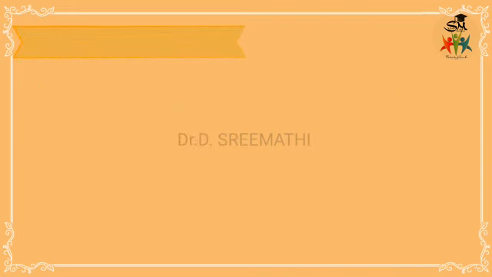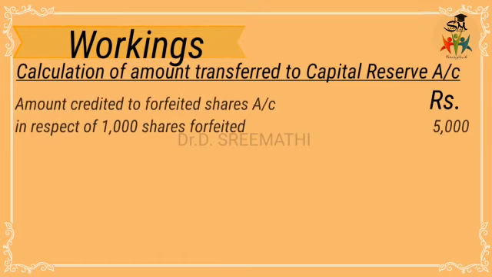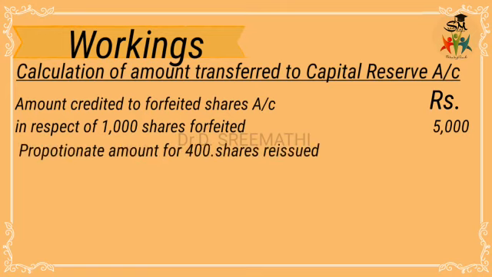For this we have to make some workings so that we can easily find out the amount to be transferred to capital reserve account. We have to calculate the proportionate share in the forfeited shares account. The amount credited to forfeited shares account is 5,000, which is for 1,000 shares.